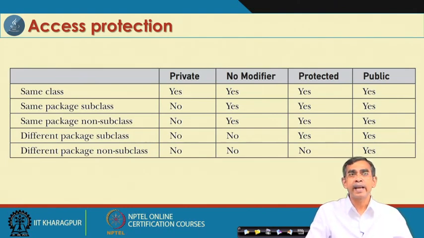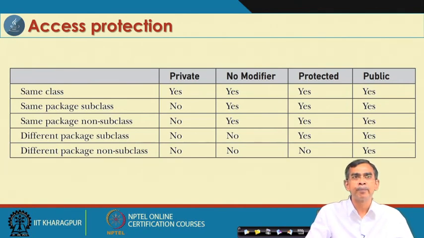Now, if it is a same package subclass, that means a subclass which belongs to the same package, except for the private member, all other access specifications do not have any limitation. If you specify private, then no subclass method can access the private member. However, default, which means no modifier, and then protected and public can be accessible to the subclass.